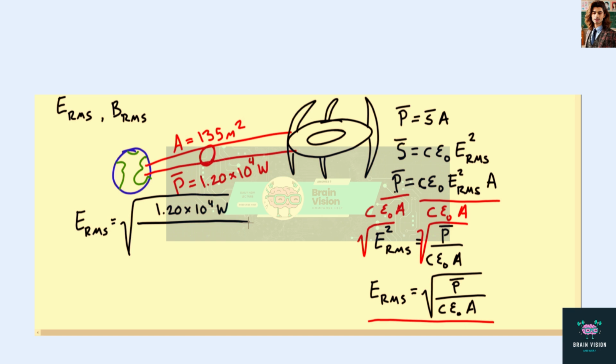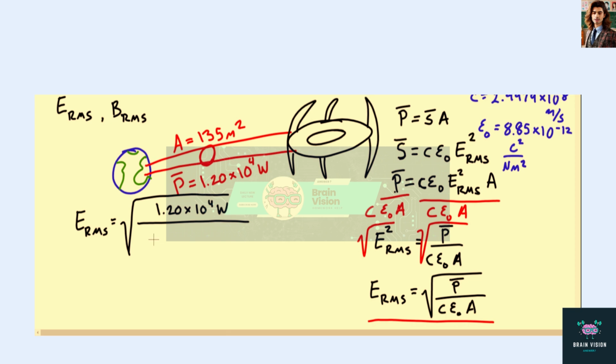Divide by, for C, we're going to use 2.9979 times 10 to the 8, and that's meters per second. For epsilon naught, we use 8.85 times 10 to the minus 12, and that's got units of Coulomb squared per Newton meter squared.